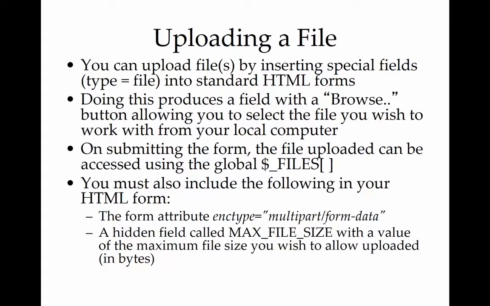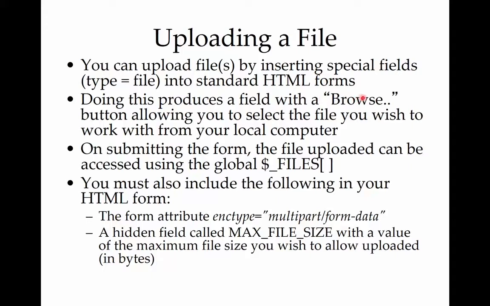So you want to allow them to upload pictures to the placement system using a web page. And we can do that with an HTML form. There's a specific kind of field, type is file. We can enter that into a HTML form, and that will give us a browse button.